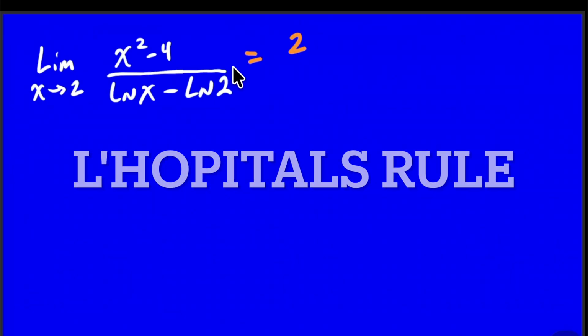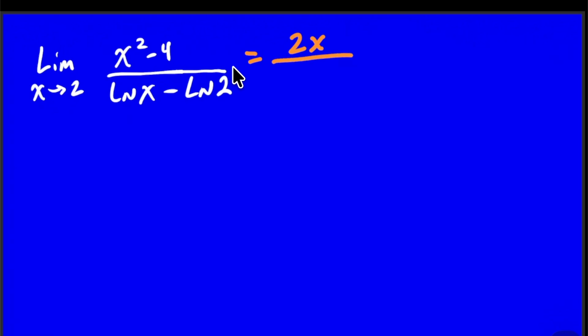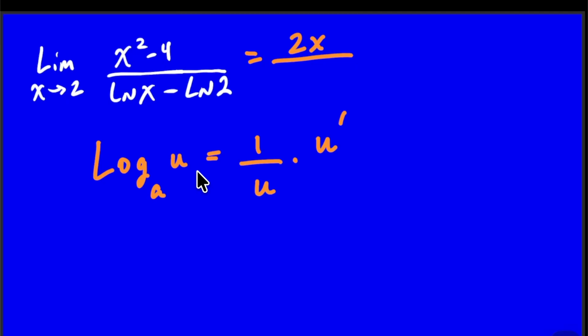So in the numerator, we're going to use the power rule. In the denominator, we need to review the natural log of x derivative. So here's a general form of how to handle logs. If you have log base a with the argument u, it's 1 over the argument times the derivative of the argument, so think of that as the chain rule here, times 1 over the natural log of the base.